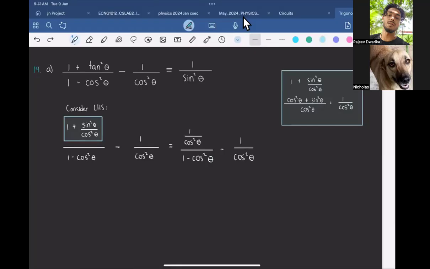But before I do that, I have to write it in terms of division. So that'll be 1 over cos squared theta divided by 1 minus cos squared theta.